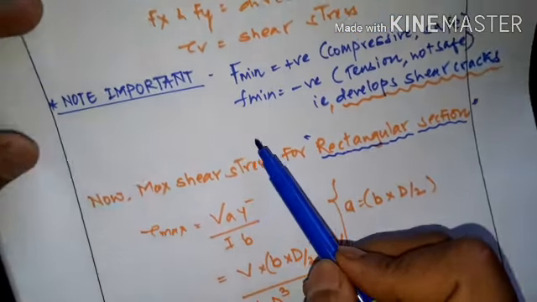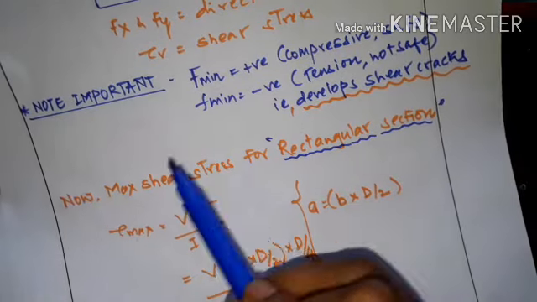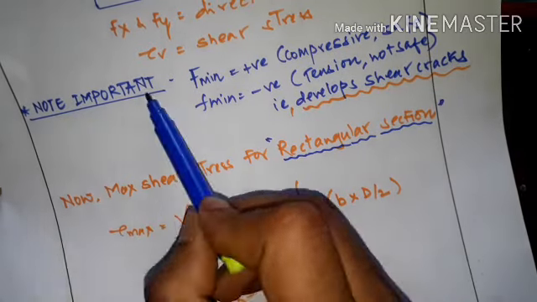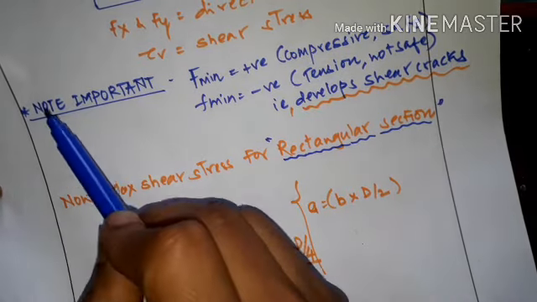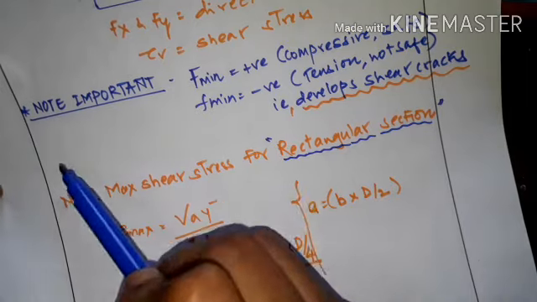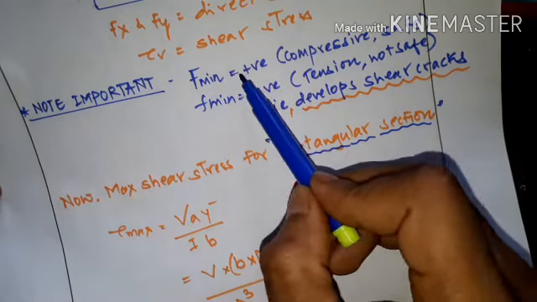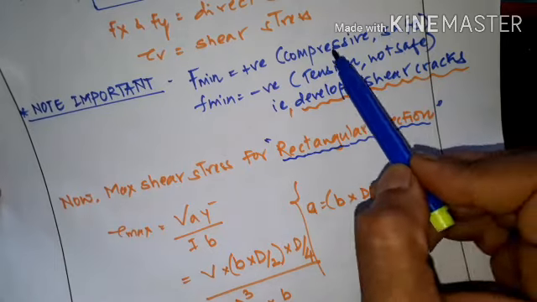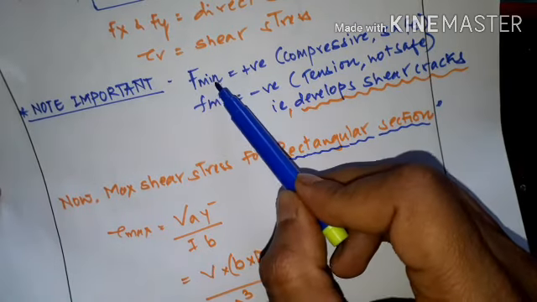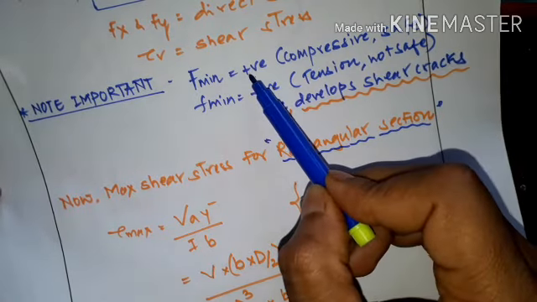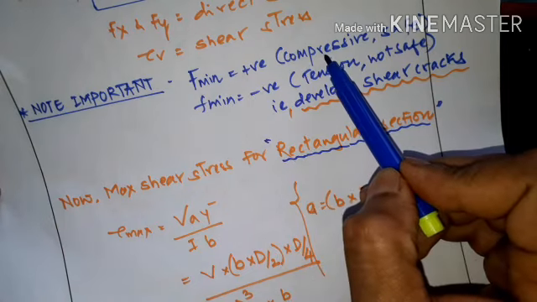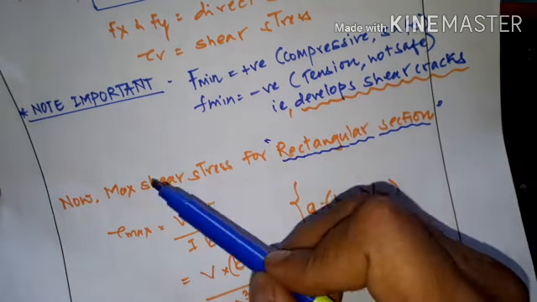Then, again, this is very important, so I note it as important. F minimum is positive, which is compressive, safe. F minimum is always positive, which is nothing but compression and safe.